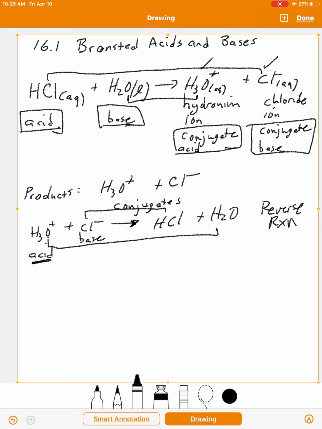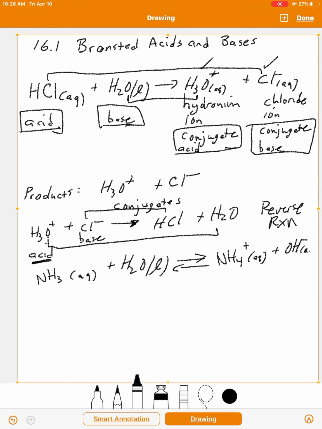Now let's try it for the second reaction that we just did a little earlier. NH3 aqueous plus H2O liquid yields NH4 plus aqueous and OH minus aqueous. Okay, hydroxide ion, ammonium and hydroxide.